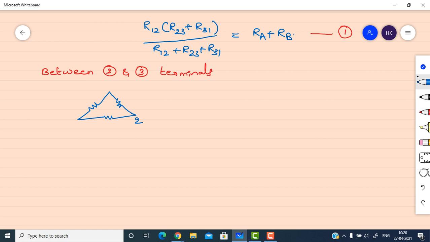This is second terminal and this is third terminal, and we are neglecting the first terminal. This is R12 resistor, R23, and this is R31. In case of star, we are leaving this first terminal, this is second terminal, and this is third terminal, and here the resistances are RB, RC, and this is RA.